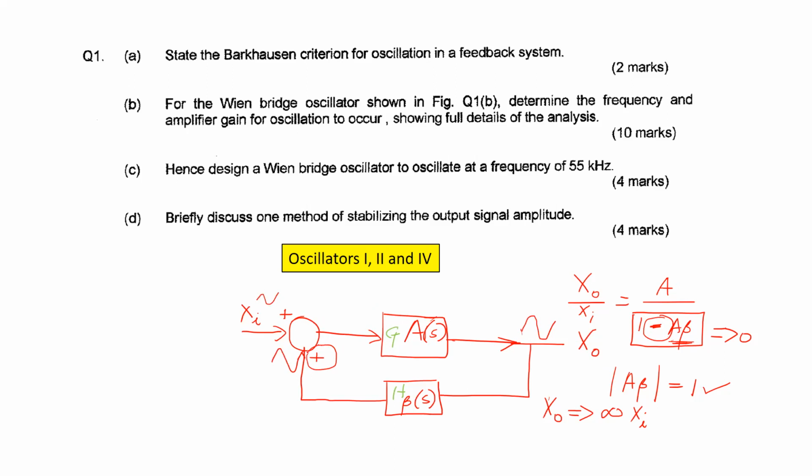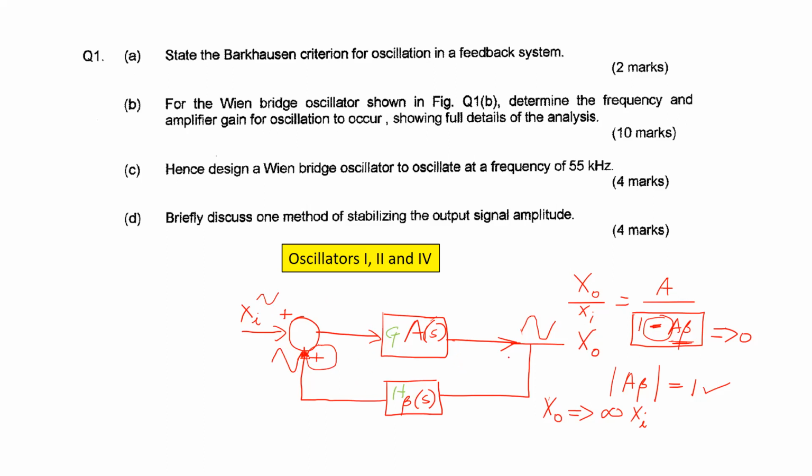If the feedback signal, sorry, is in phase with that, it's going to add. If it is not in phase with it, then it is going to subtract from X in, and the system will die out.